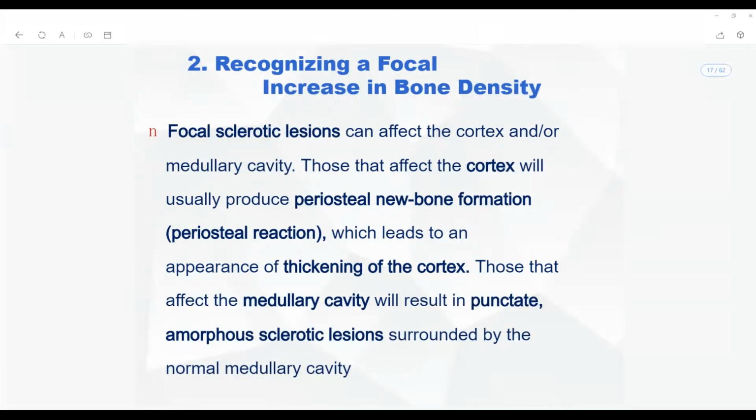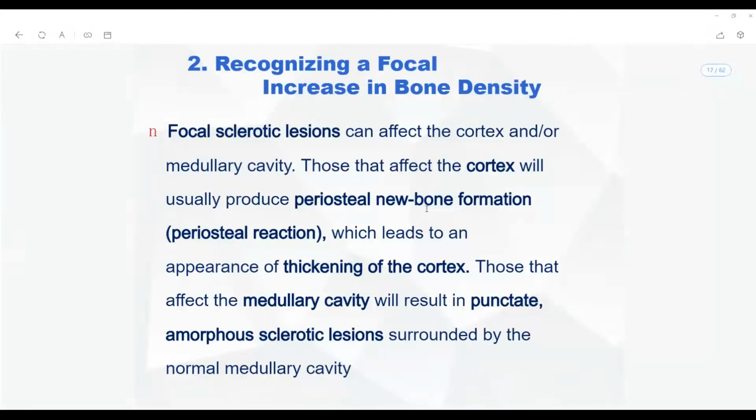Okay, now you see here focal sclerotic lesions can also affect the cortex or the medullary cavity, right? Those affecting the cortex will usually produce periosteal new bone formation, which is called the periosteal reaction. Remember, whenever there is an activated sclerotic process anywhere in the body, it will lead to calcium deposition.